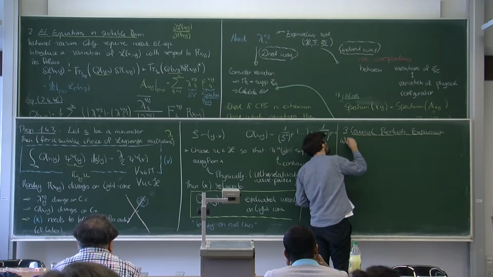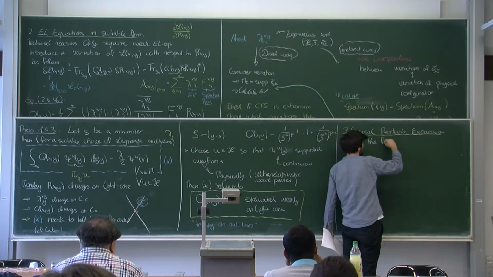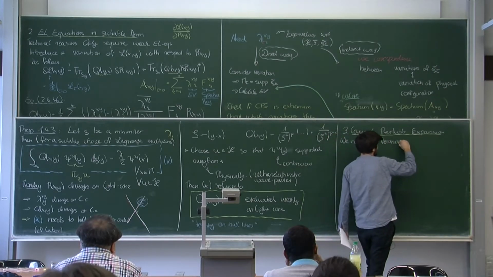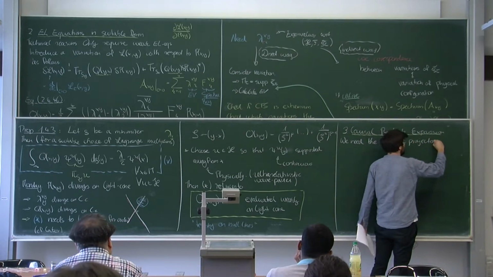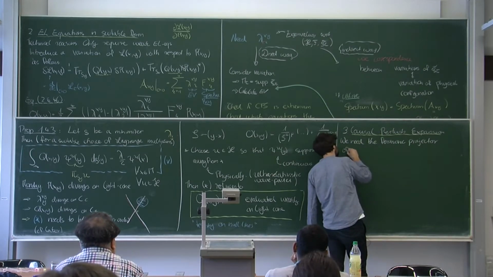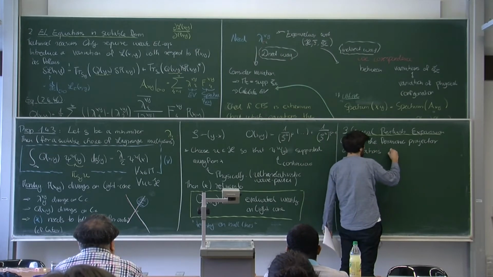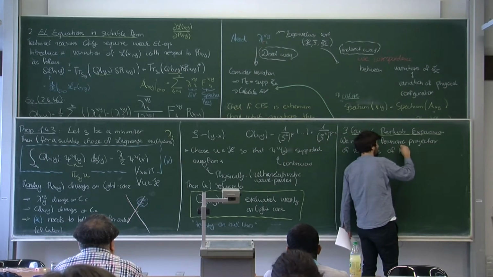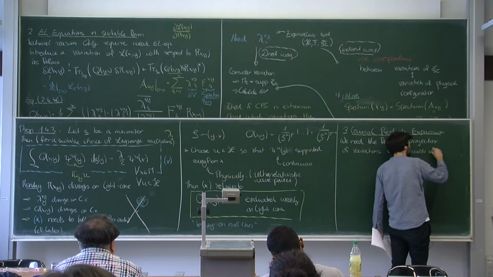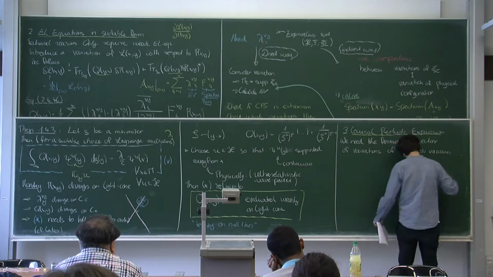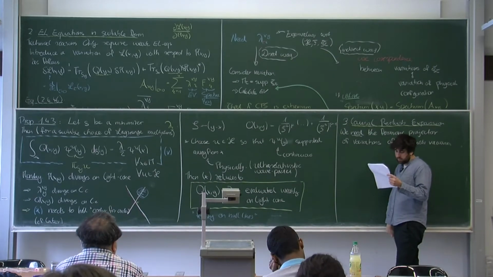So we need the fermionic projector of variations of Minkowski vacuum. That's what we need and what we want. And this part is a first step to get this, the causal perturbation expansion.